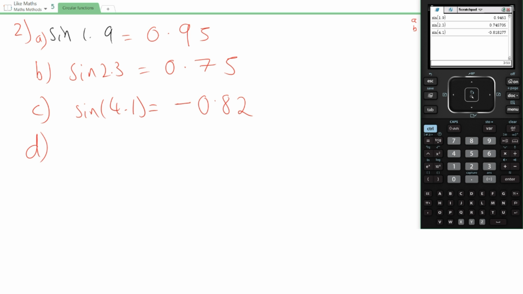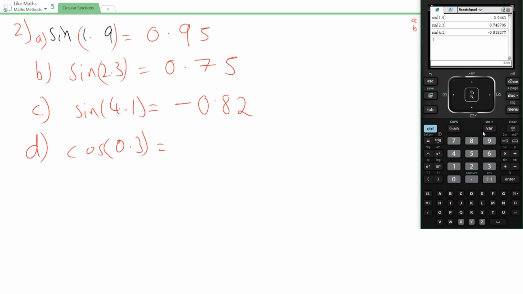Is there a D? Okay, cos of 0.3. It's a little habit that I get into, I put brackets around the number so I don't get confused, but really you can just write cos 0.3.